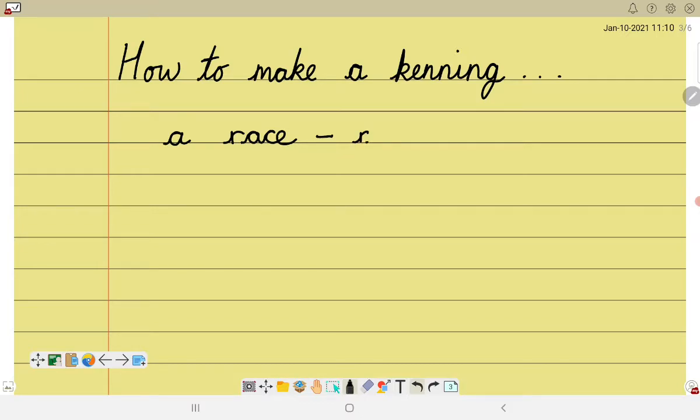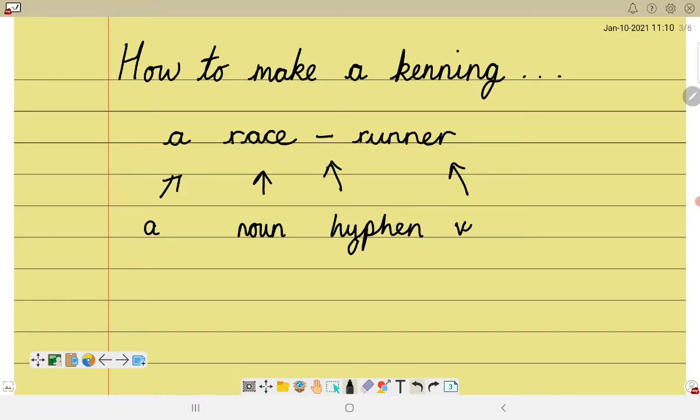So, in this kenning, we'll use the word runner because they run. So, we start with the word a, then we have a noun, then a hyphen, and finally a verb. So there's 4 parts, but they're all quite simple really.